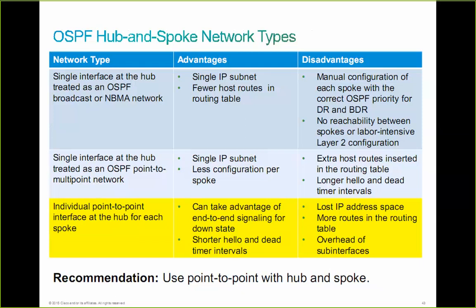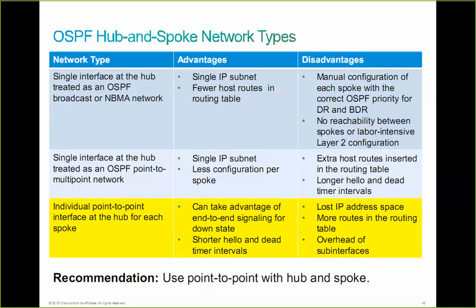Everything has to go through the hub, and automatic neighbor discovery might not be automatic. We might actually have to define manual neighbor relationships, because an NBMA network, which is non-broadcast multi-access, means that non-broadcast means no multicast. And neighbor discovery in OSPF is done through the use of OSPF hello packets, which are multicast in nature.